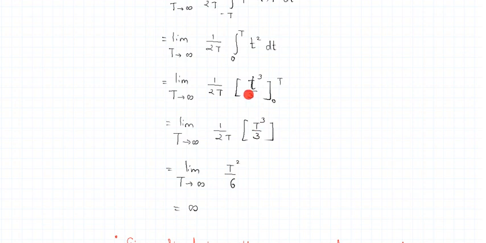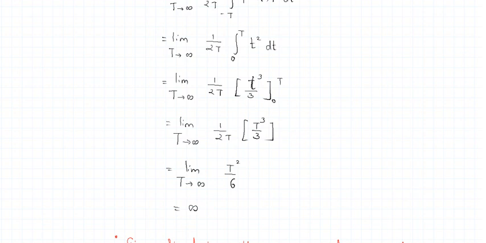So this T and one of these T's get cancelled, and we get the equation to be T square by 6 with the limit T tending to infinity. The moment we put T tending to infinity in the equation, infinity by 6 becomes infinity.